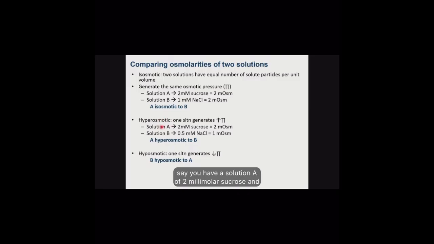So let's say you have a solution A of 2 millimolar sucrose and a solution B of 0.5 millimolar sodium chloride. Again, first thing you do is convert it to osmolarity. So sucrose does not dissociate. So 2 times 1 gives you 2 milliosmolar. Sodium chloride dissociates into sodium and chloride, so the dissociation number is 2. 2 times 0.5 gives you 1 milliosmolar. Okay?